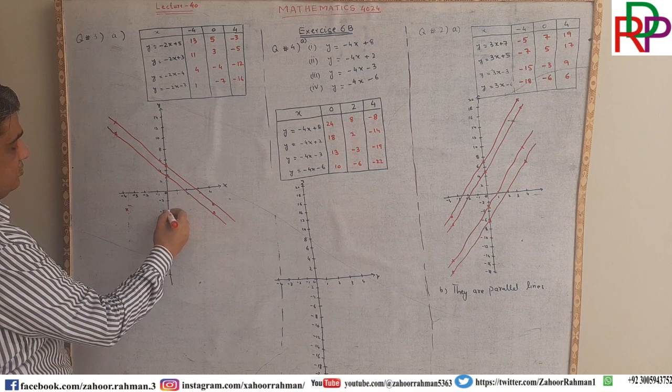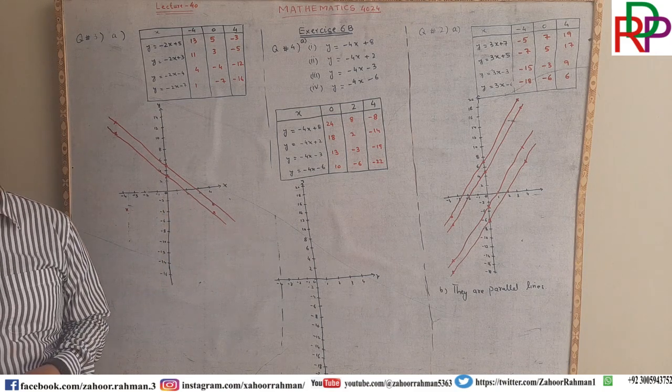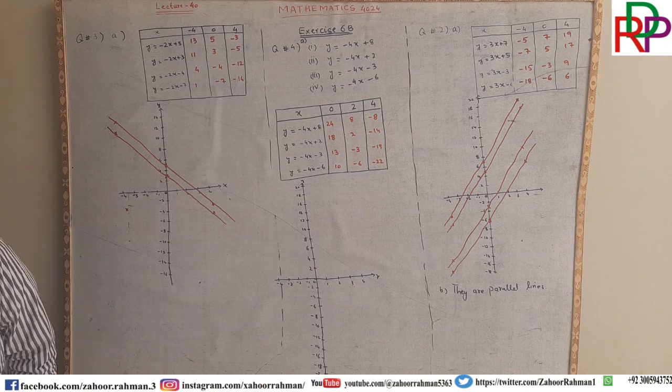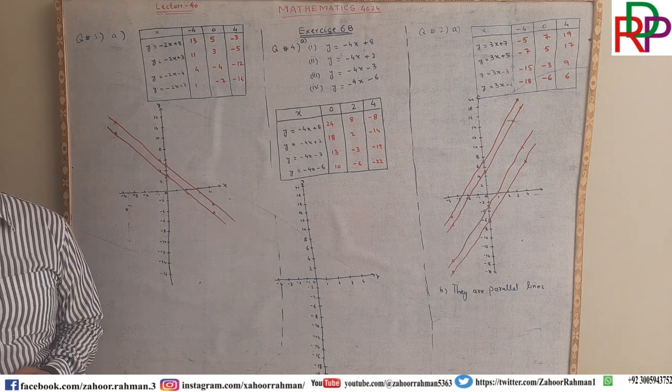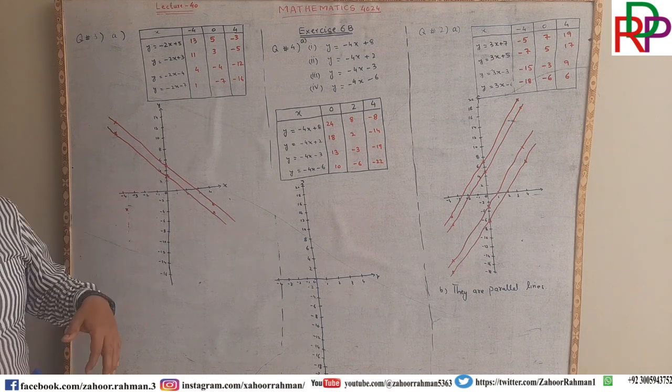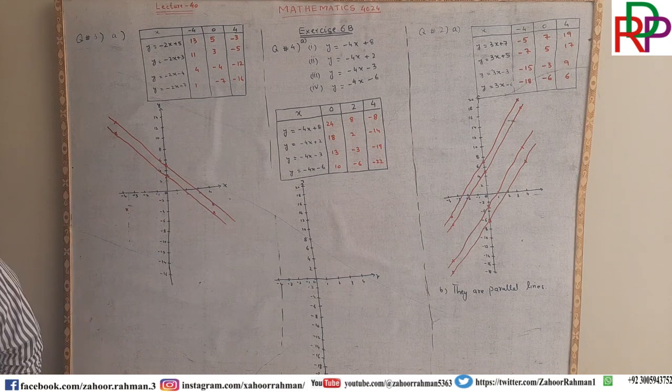So for 0 minus 4, it looks to me like a wrong value. Let us check where we made the mistake. This is question number 3, and in question number 3 they have given us different values.